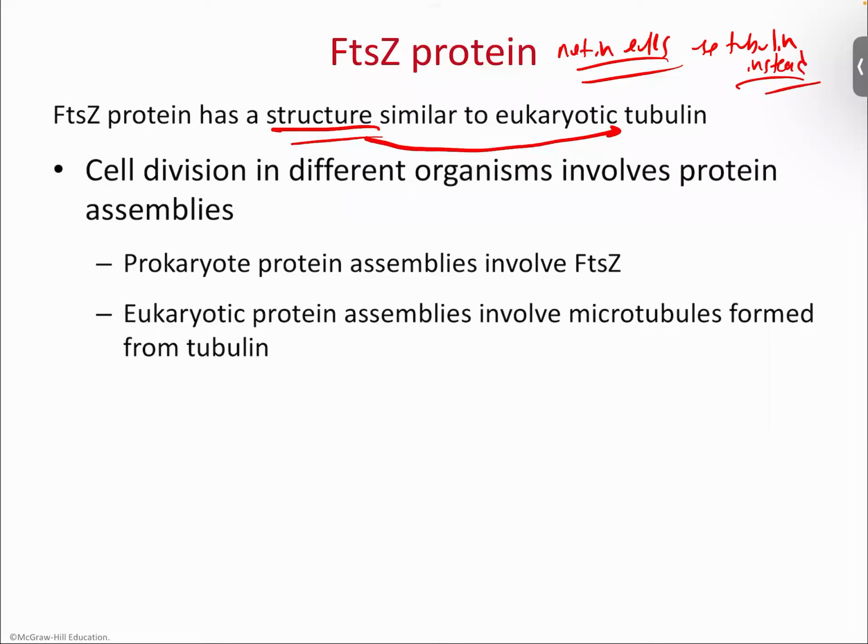Also remember from chapter 4, we said the cytoskeleton, which is where tubulin is found, is one of the big innovations of the eukaryote. Here you can see how the eukaryote took an idea from the prokaryotes, made it their own, and turned it into something completely different.